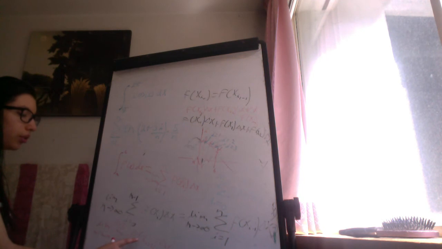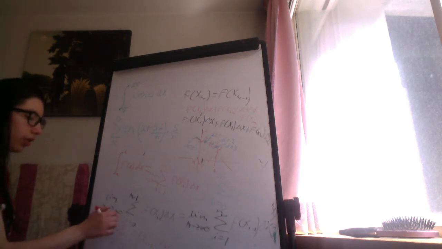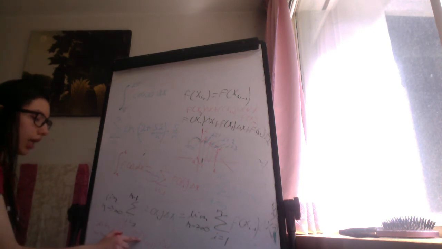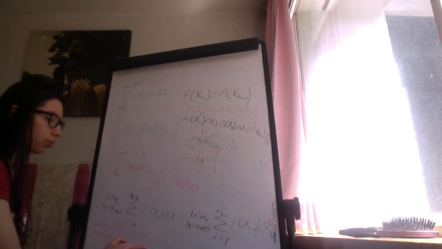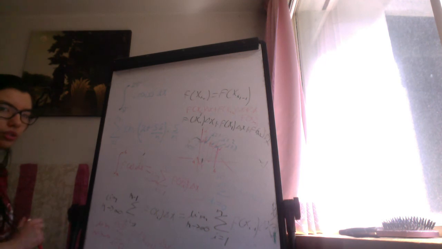So here you put the last term, that is when i is equal to this. So you have f of x sub n minus 1 plus 1, so that is f of x sub n.